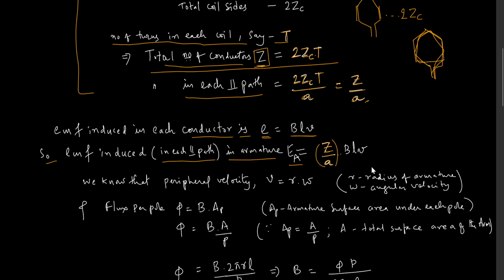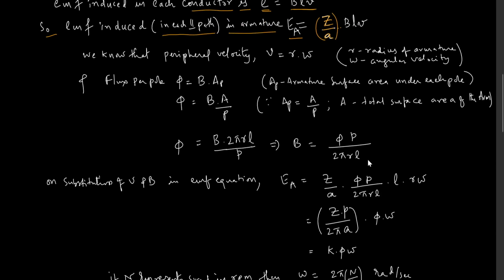Now let us substitute the relations for B and V in this expression. The peripheral velocity V is equal to the radius R into the angular velocity. This is one relation we are going to substitute here for V. We have also already derived that the flux per pole, phi, is equal to the flux density multiplied by the area under the pole, Ap.